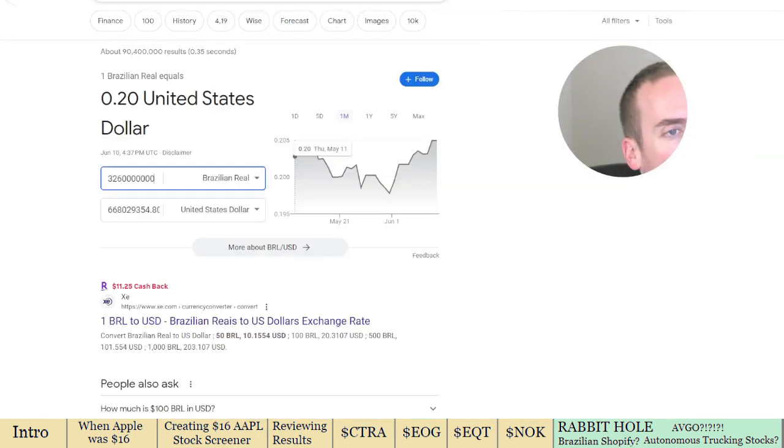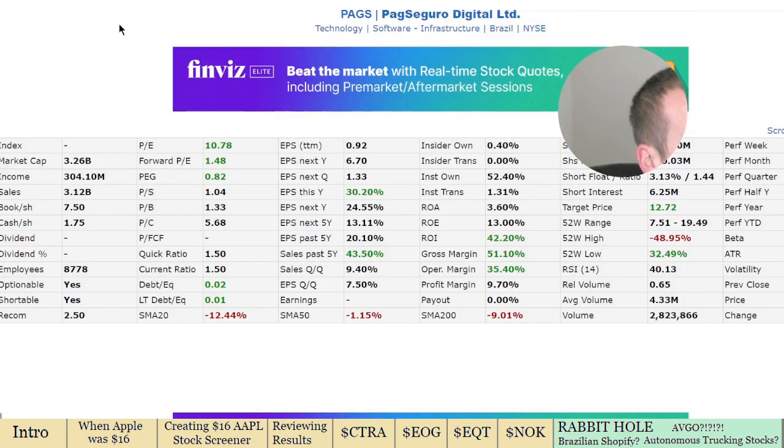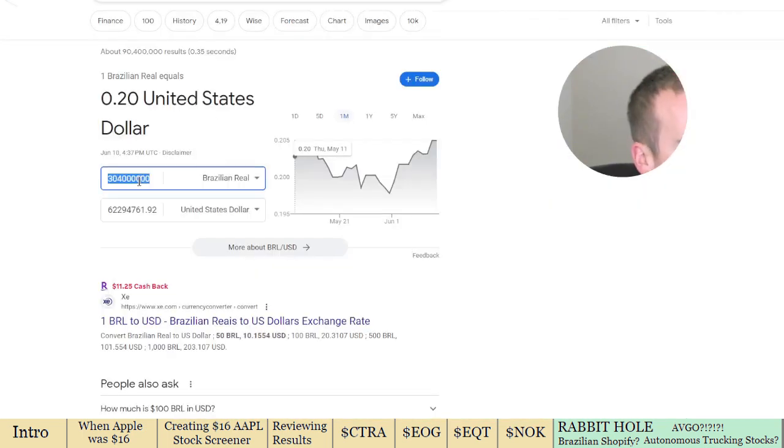Income is 304 million, plus their sales of 3.12 billion. Okay, that's 312 million, add another zero.